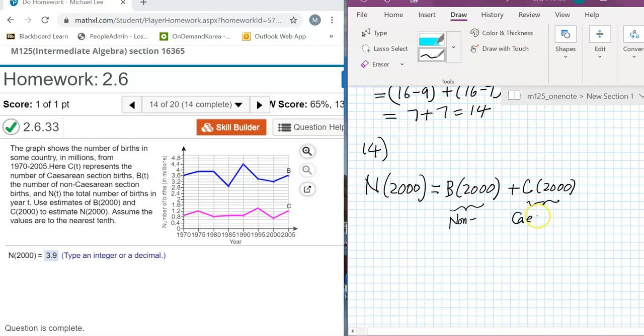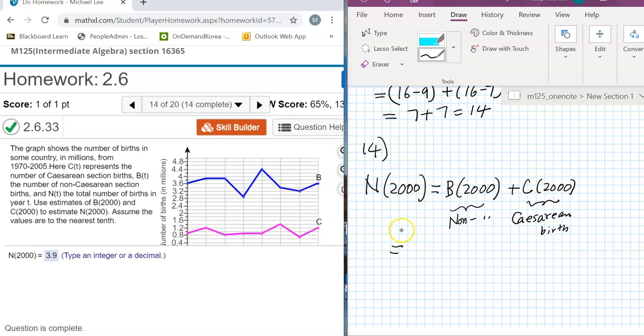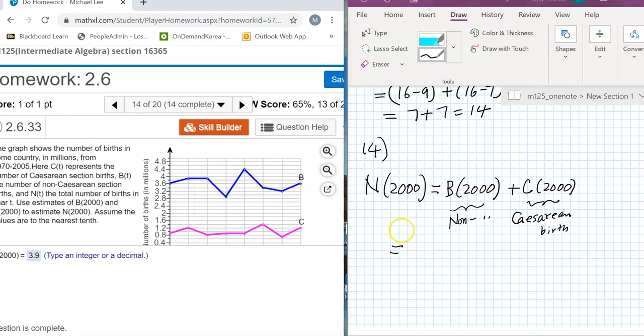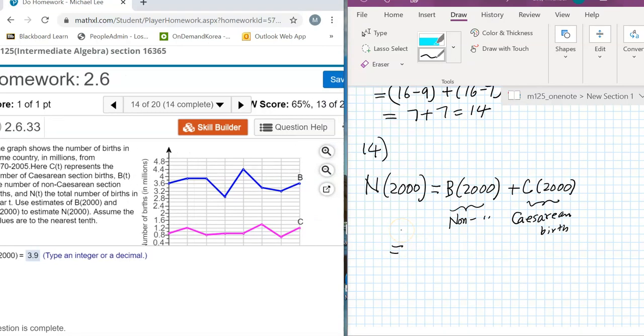So if you read that, if you go along this line, B2000 you probably get 3.2.